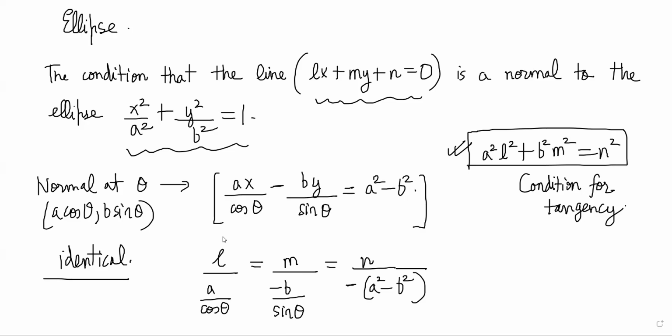They are supposed to be normal, right? So now what we need to do is eliminate theta from these equations. So what I will do is find cos theta and sin theta separately using first and third, you will get cos theta, and using second and third, you will get sin theta. I will do it on the next screen.